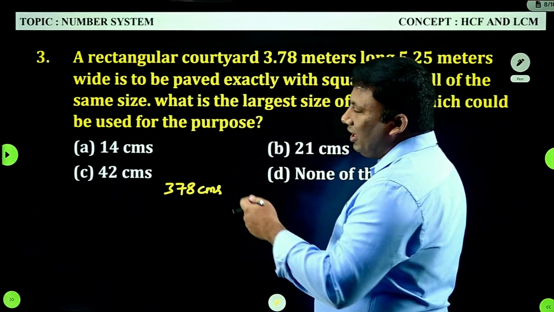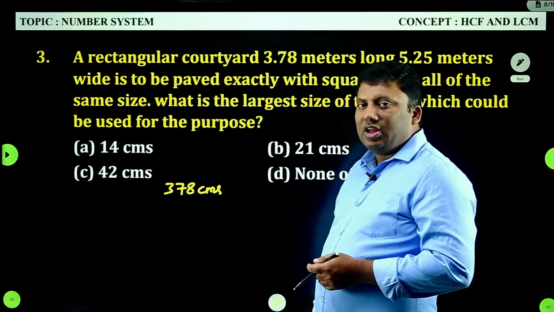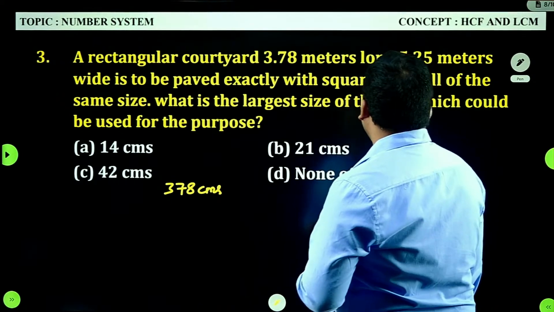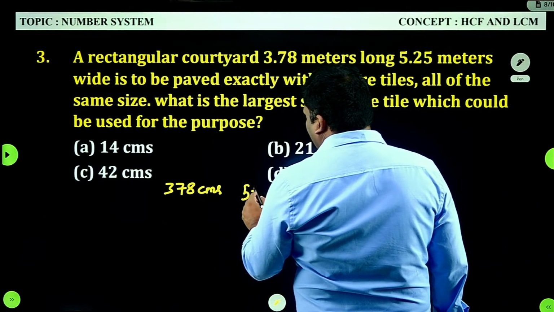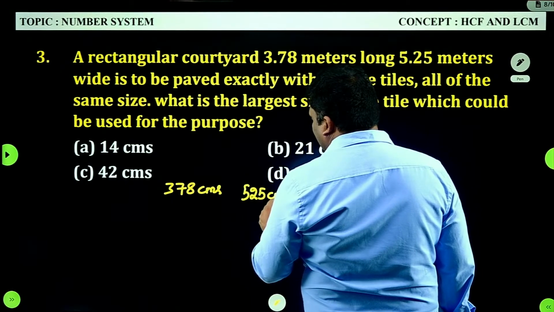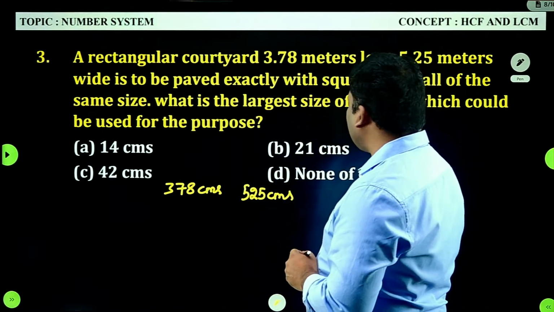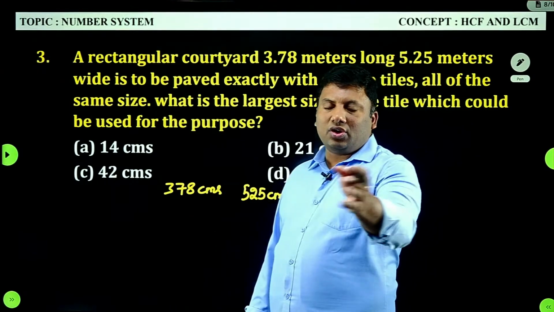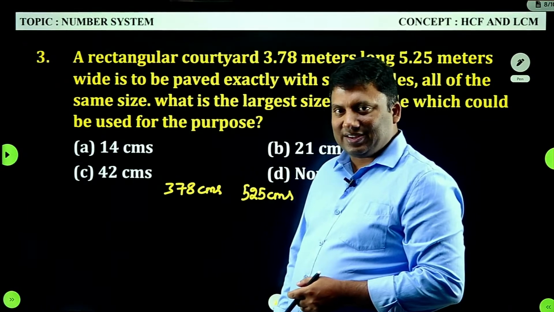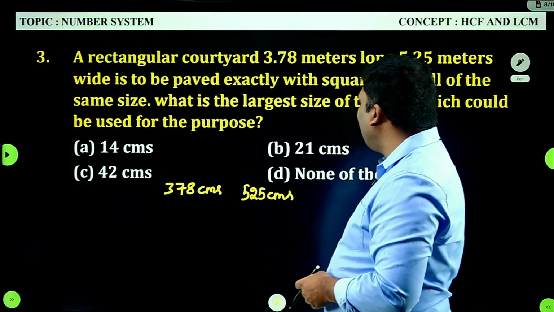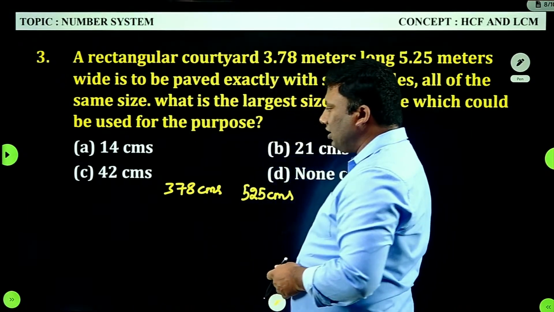Width is 5.25 meters, which is 525 centimeters. It is to be paved exactly with square tiles. Suppose my studio is in the form of a rectangle, and on the studio I want to keep square tiles. What is the largest size of the tile which could be used for the purpose?